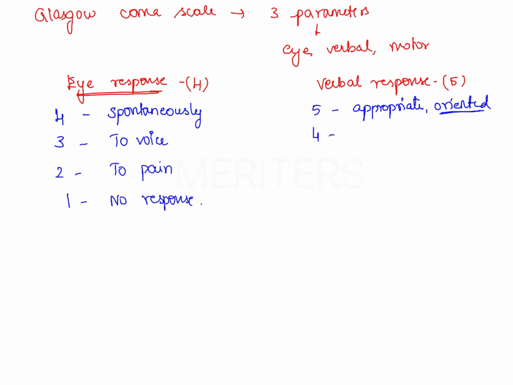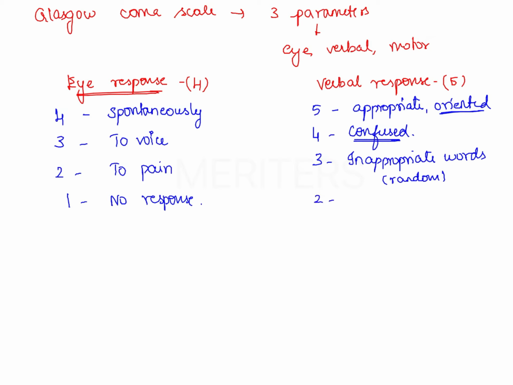Whereas score 4 indicates that the patient makes a conversation but in a bit disoriented and confused state. And score 3 stands for the response by inappropriate words. That is, the patient is making some random words, but it is not a conversational exchange. They are not responding to the question that is asked to them. They just utter some random words.